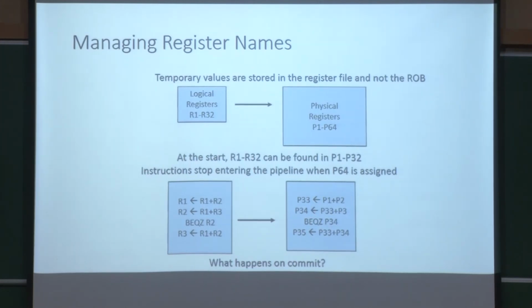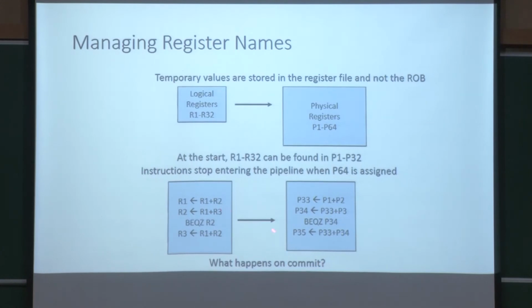So again, let me state that one more time. Initially, this register was being renamed to T1. Now I'm using one of the physical registers, which is part of the larger register file, and saying that the result of R1 is now in P33, right?